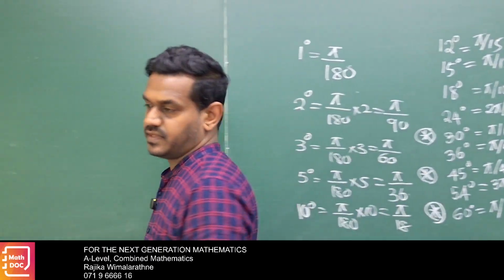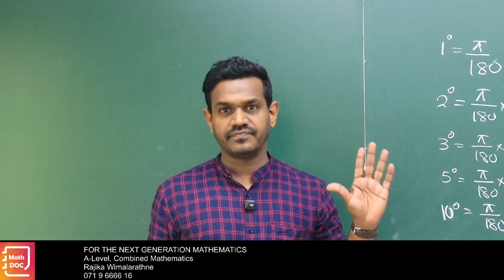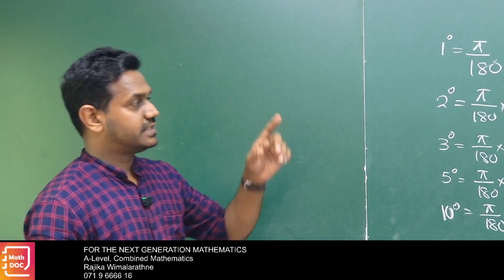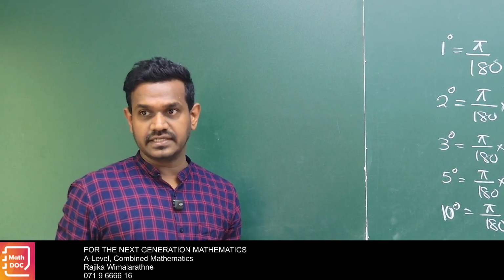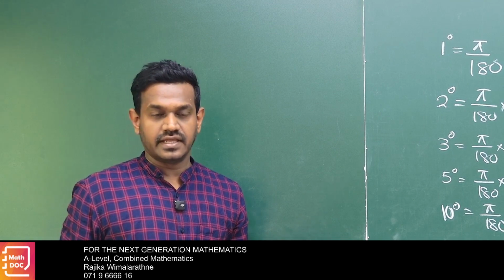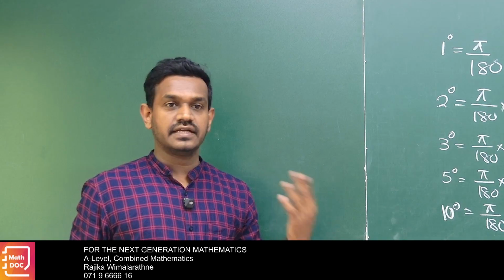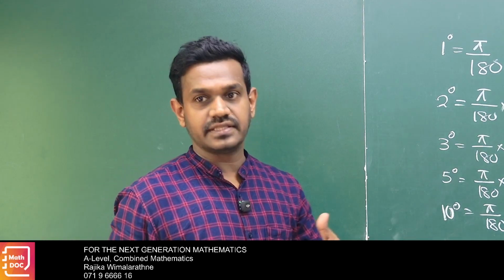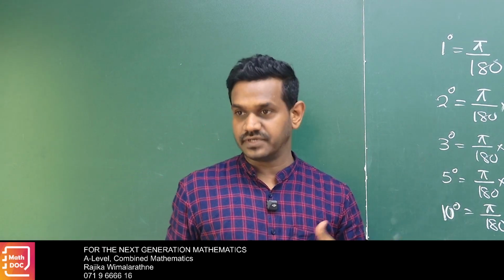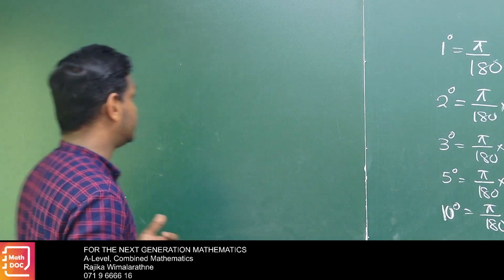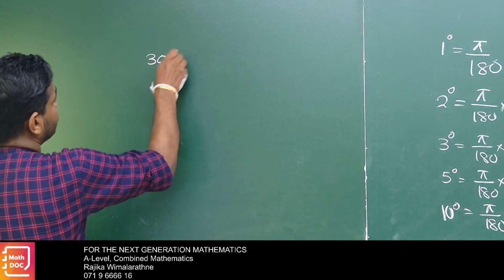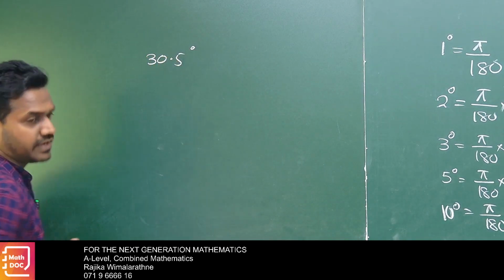Okay, now let's go further. Now these angles were given only in degrees. Degree angles can also be given with decimals. As an example, 30.5 degrees.